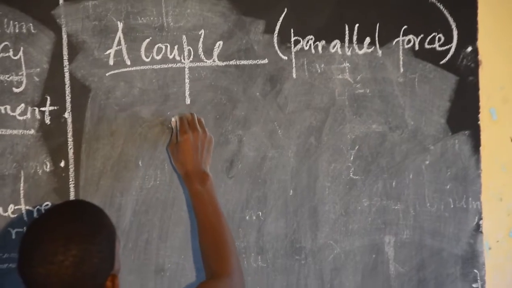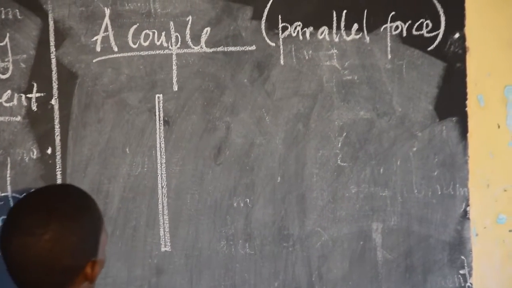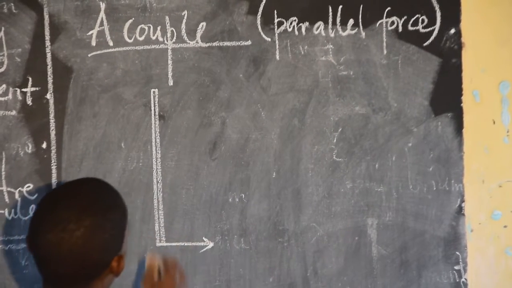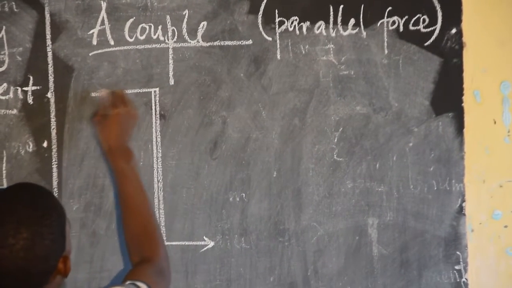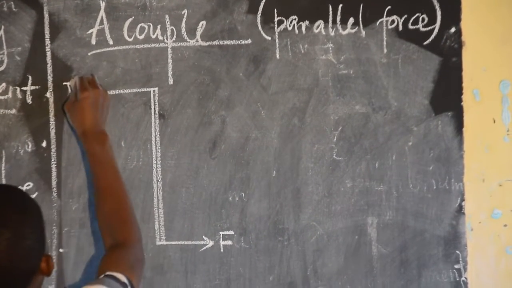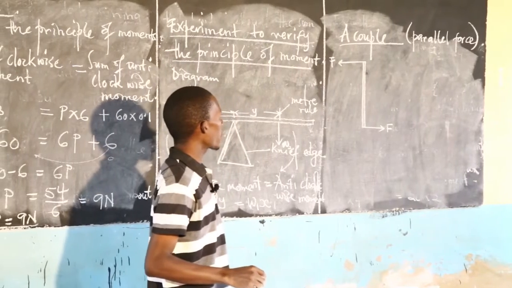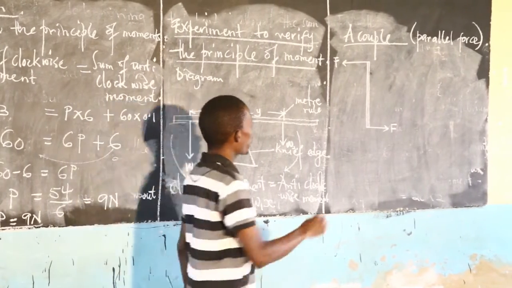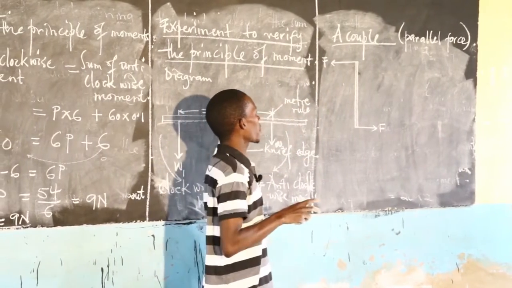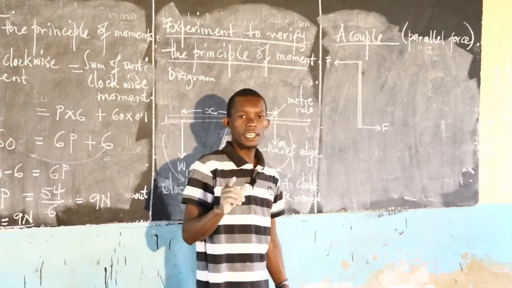If this is our beam, we have the two forces: force here, force there. They don't meet one another. These two forces, opposite and parallel, act on this one, but they don't meet.